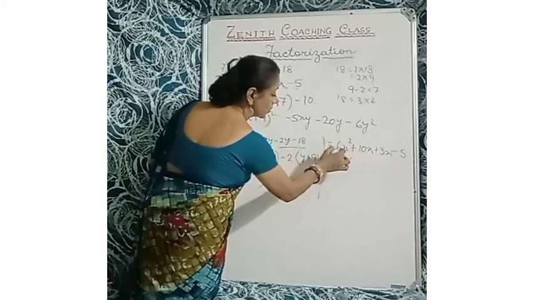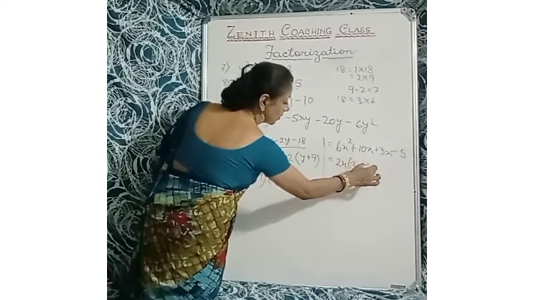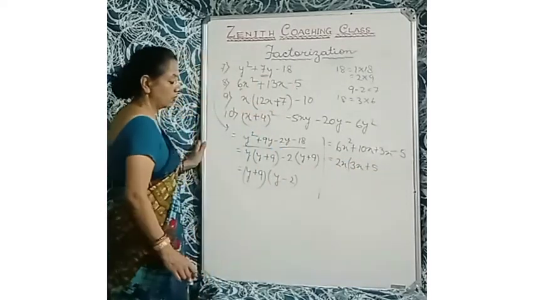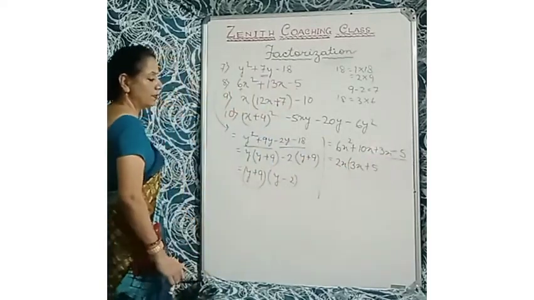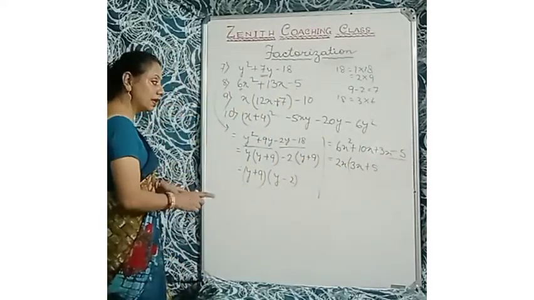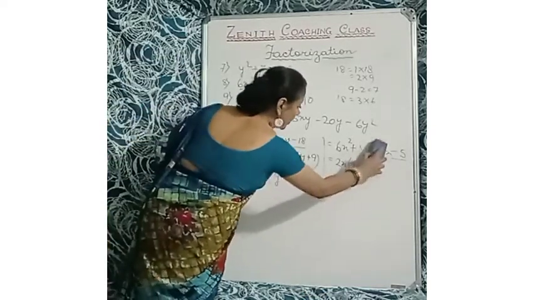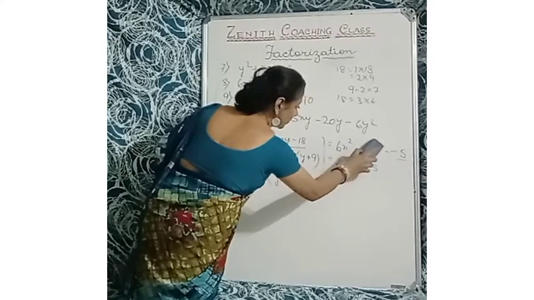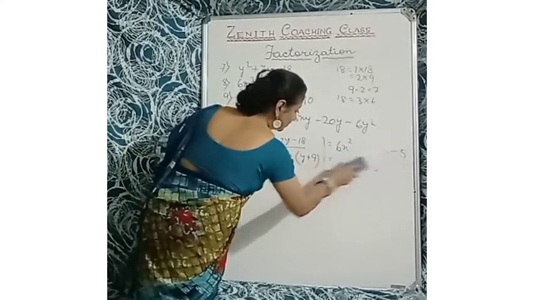Here is 2, here is 2, here is x, here is x. So here is 3x plus 5. Now there is nothing common in it, 3x minus 5. So this sum is wrong. So what to do? I have to erase it and think about another factor.